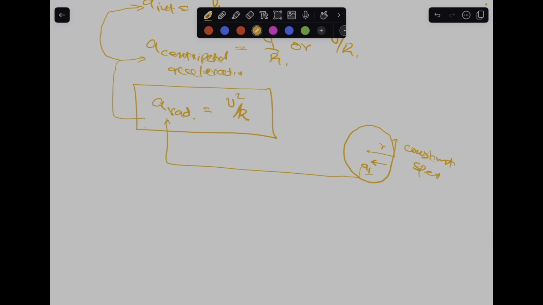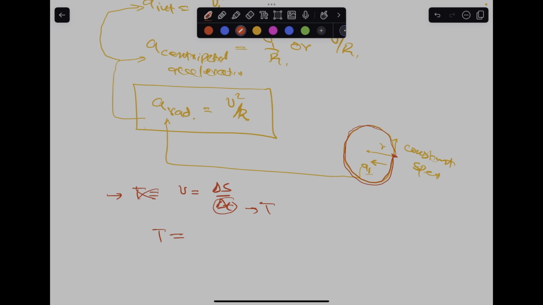So now if the object is moved from here and I complete a circle, the time required to complete a circle is known as the time period, the time for one revolution. So this time is defined by the velocity. Velocity is nothing but del s over del t, and this del t, the time to complete one revolution, is your time period.